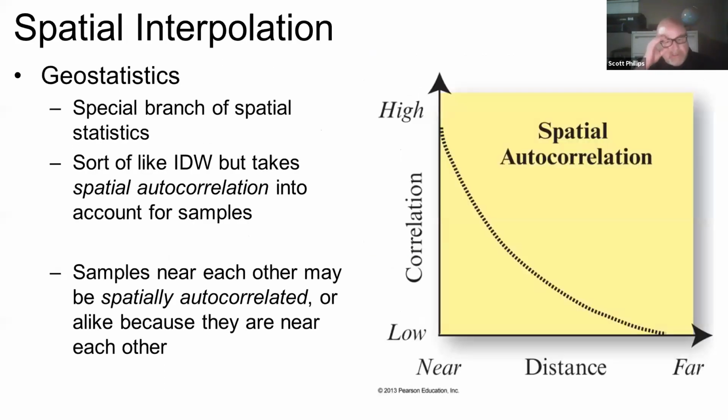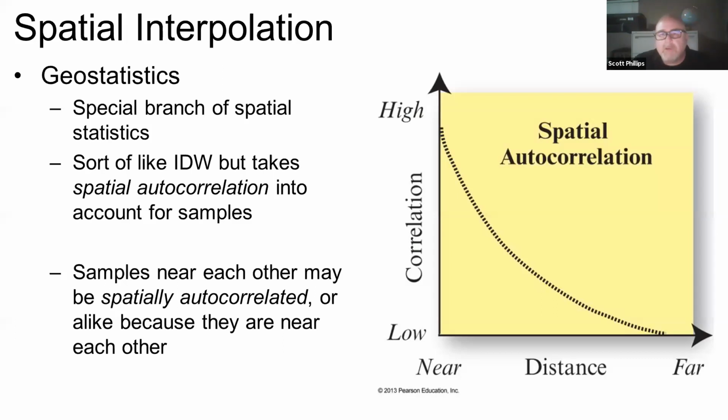Now, geostatistics is a bit more complicated. In fact, there's a whole extension to ArcGIS called Geostatistical Analysis. This is a special branch of spatial statistics that is a little bit like inverse distance weighting, but it accounts for more statistical stuff.